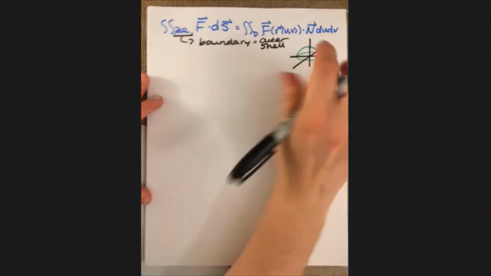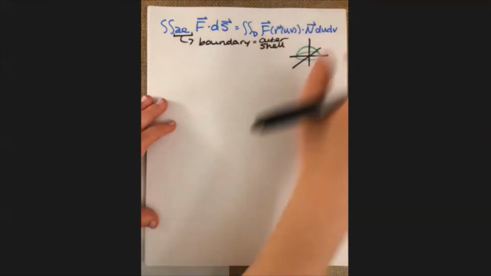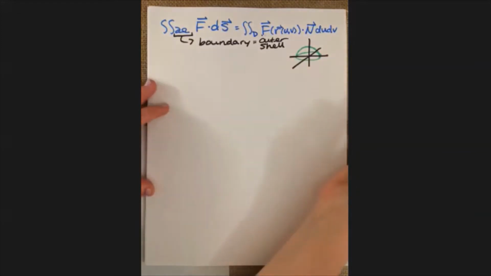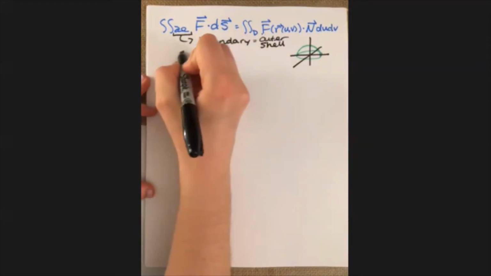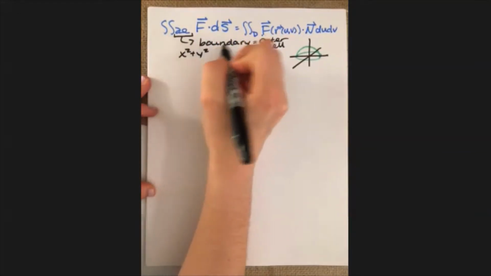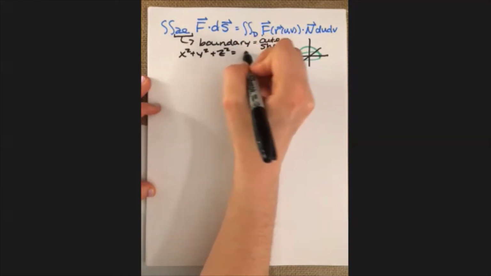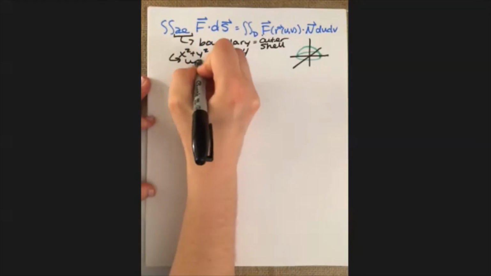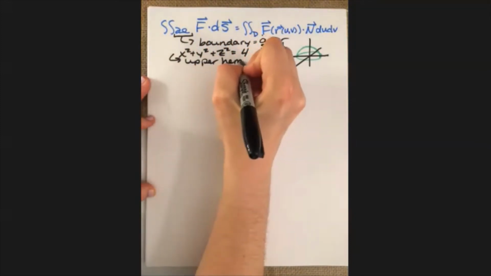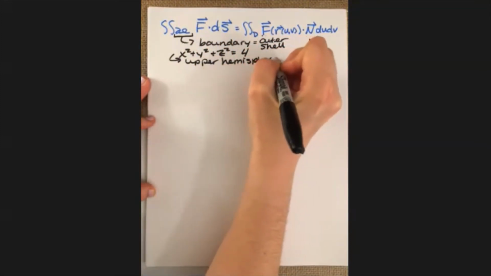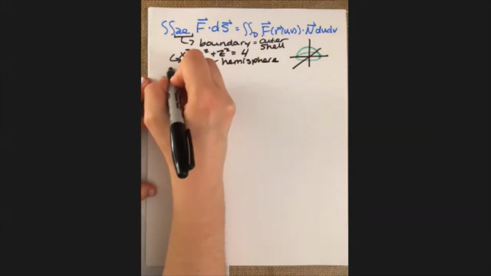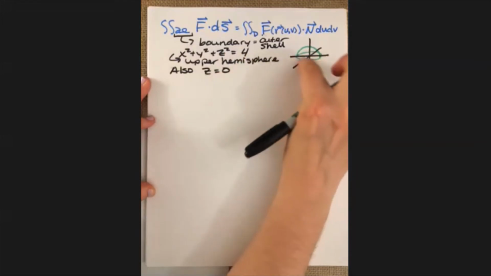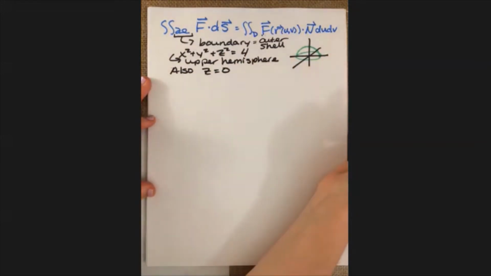And in this particular instance, our boundary is that hemisphere on top, but we're also including the disk at the bottom, since we have x squared plus y squared plus z squared equals 4. This is our upper hemisphere. And then we also have the z equal to 0 part, which is what gives us that disk right there.